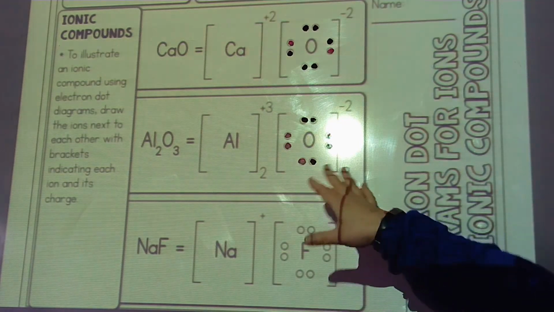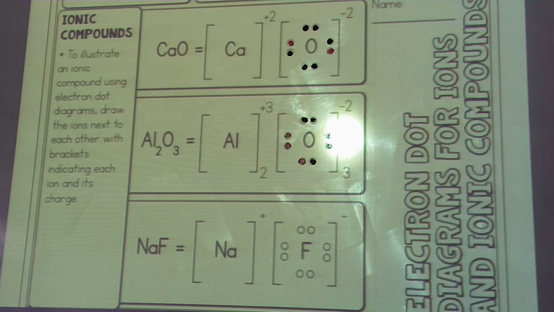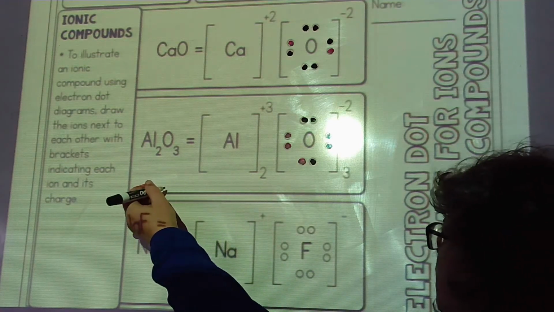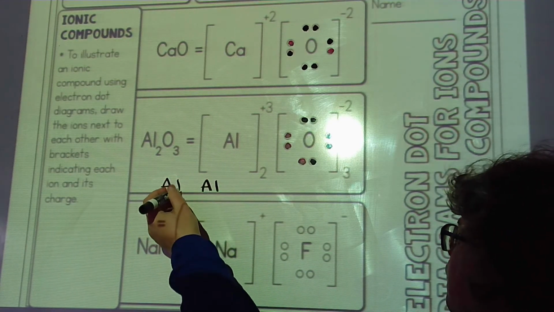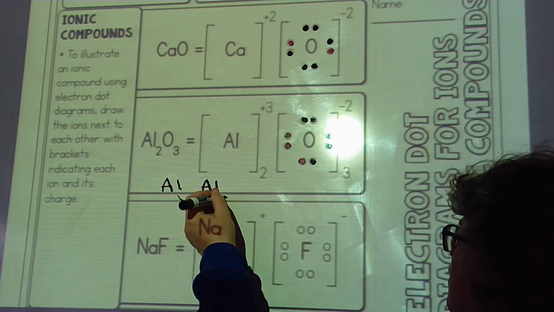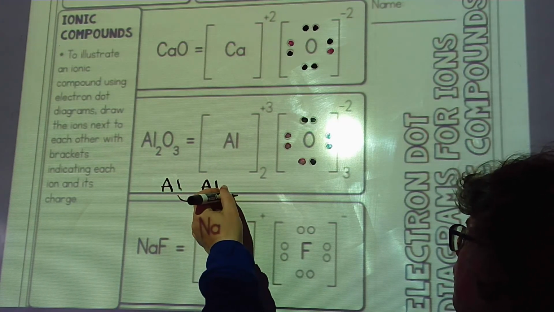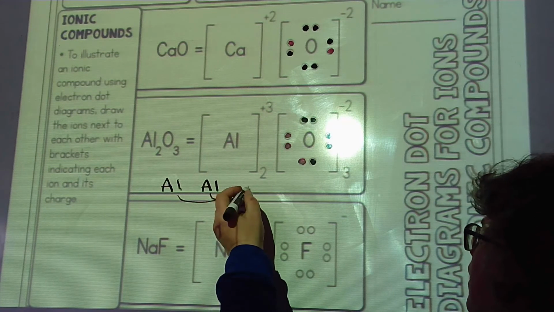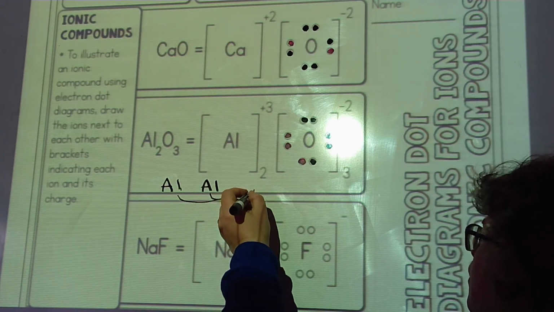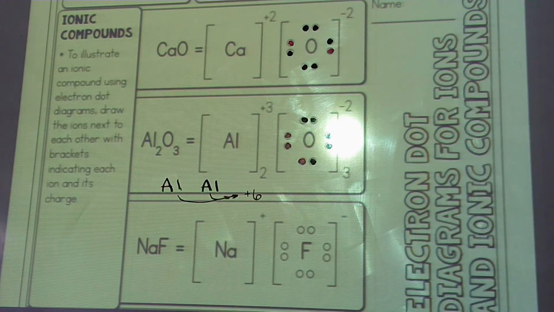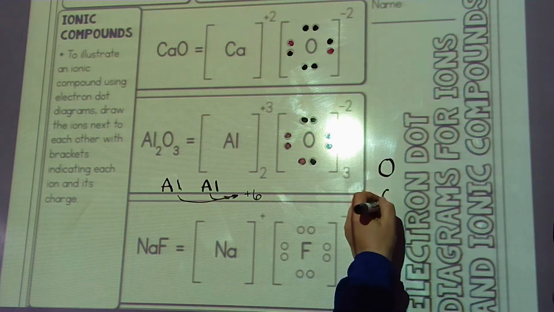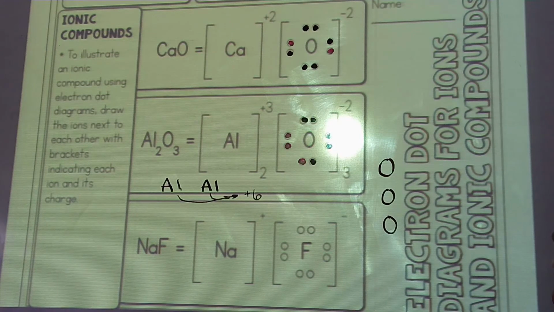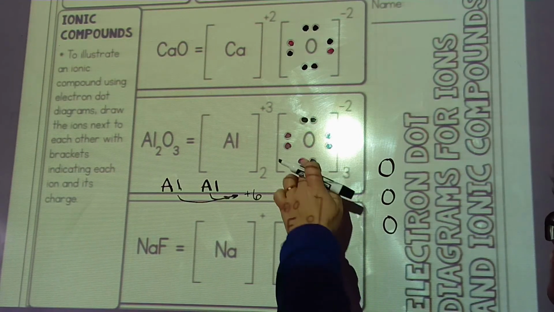That's because aluminum oxide is one of those where, in order to make it work, you have to have 2 aluminums, right? Each of them giving up 3 electrons for a total of 6. And then you have oxygen. I'm going to draw them over here. Right? There are 3 of them.